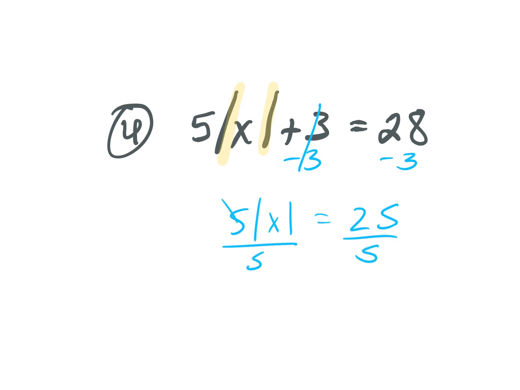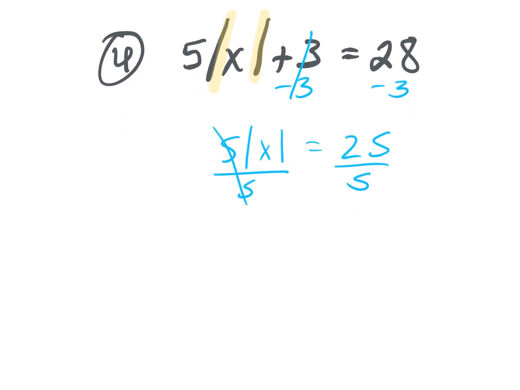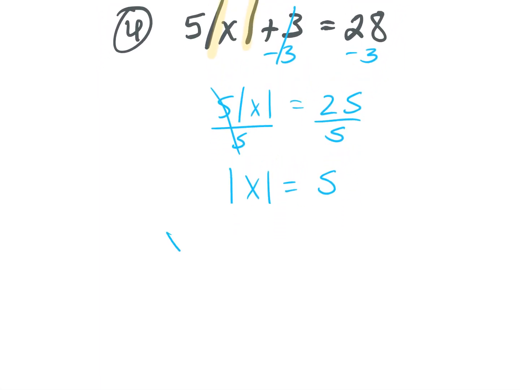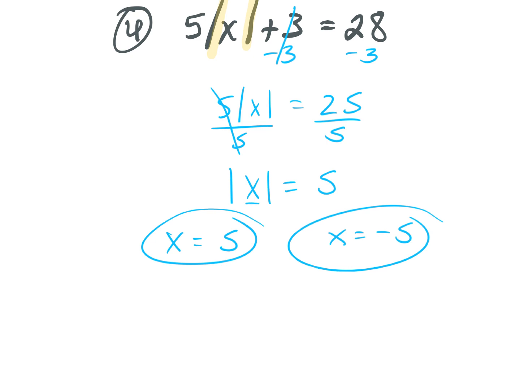So before we split it up, we have to isolate our absolute value. So now we have the absolute value of x is equal to 5. What do I do next? Now I split it into my 2 equations. So x is equal to 5, and what else is x equal to? -5. So these would be our 2 answers here. Here we just have x inside the absolute value, so we don't have to do anything else after we split it to solve.